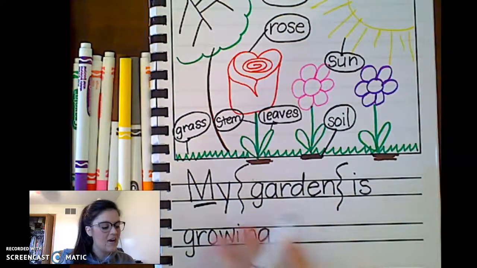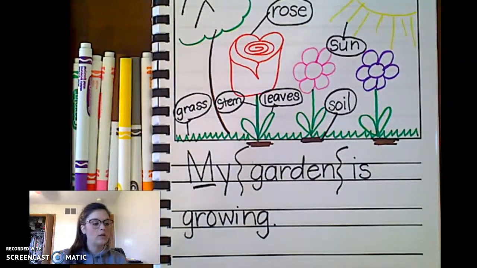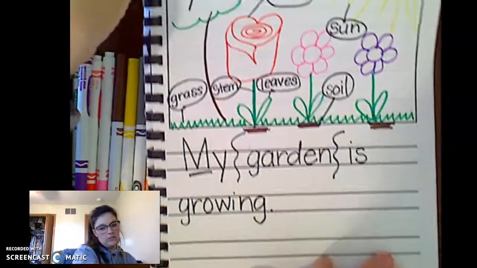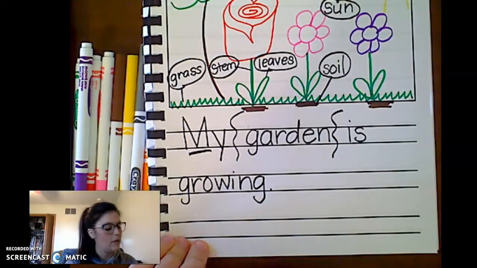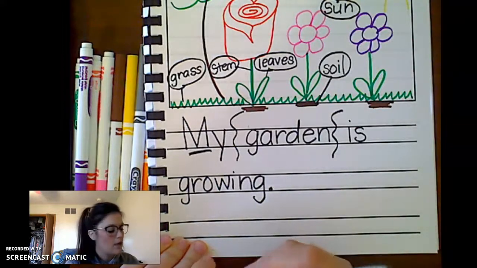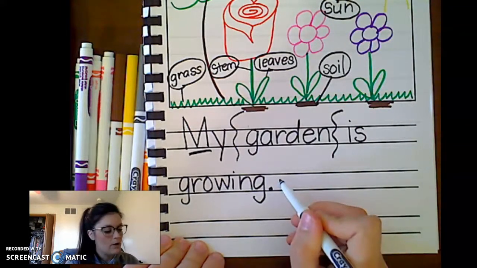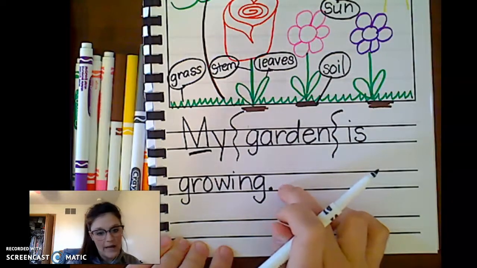But is that really all that I could say about my picture? No. So I'm going to show you how Mrs. Clanton is going to take this simple sentence and I'm going to turn it into a meaty sentence, okay? And don't forget that we also added a period to tell our readers to stop. Now, remember my second sentence, or when we're done with one sentence, my next sentence goes right after that period.